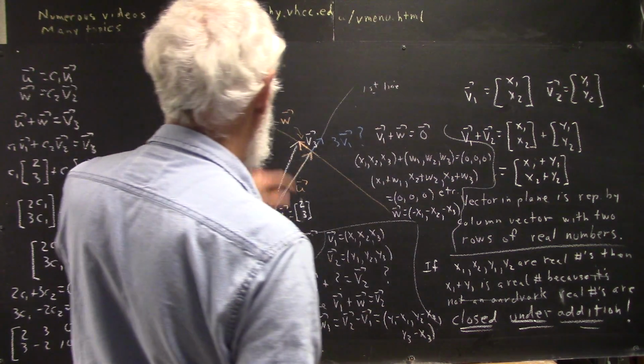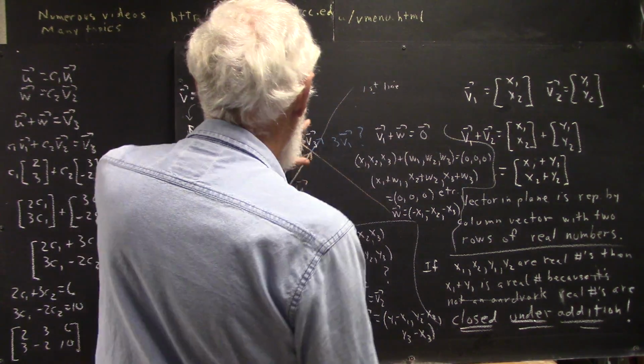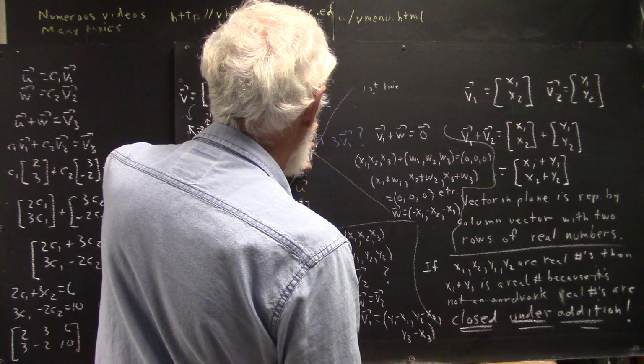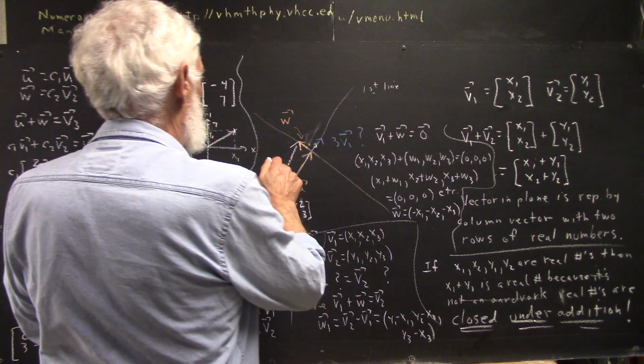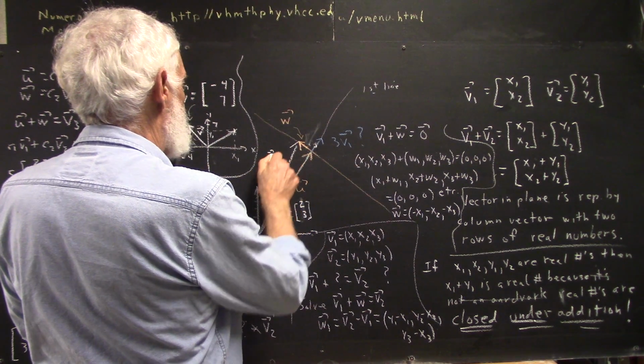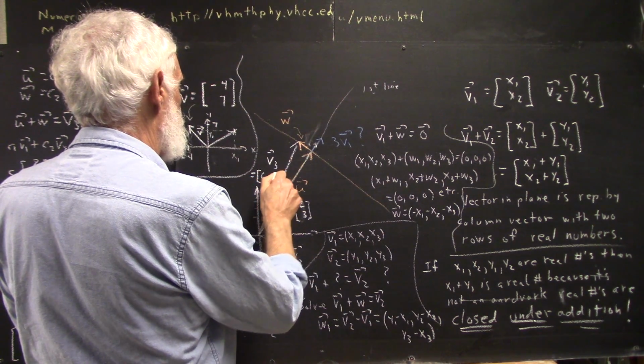And then we have another vector v3, which is labeled in an inconvenient place, so I'm going to smudge that out. We'll put the v3 over here. And that's the vector 6, 10.